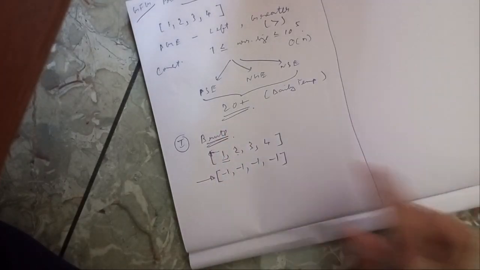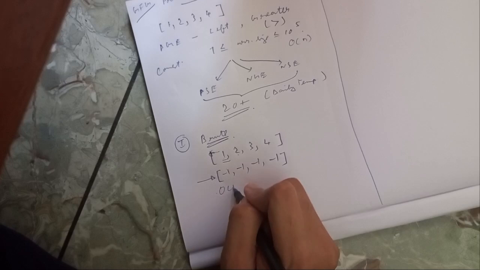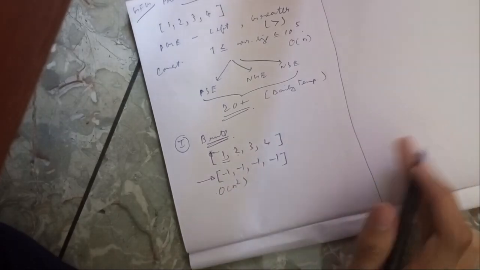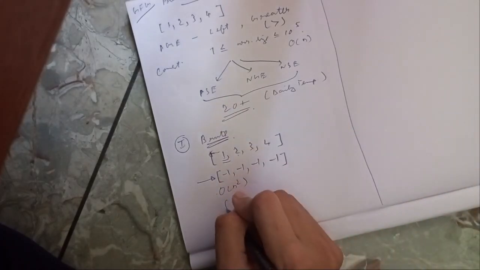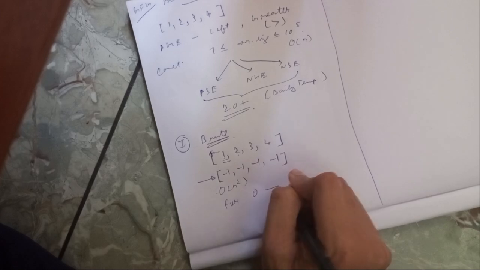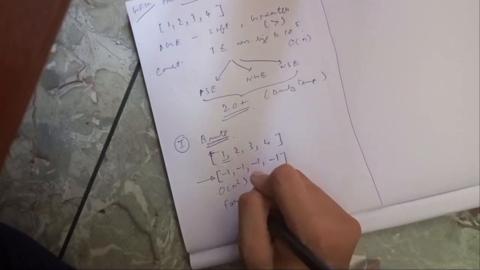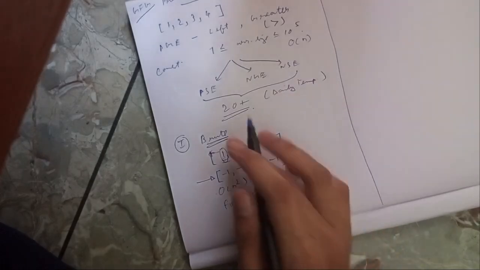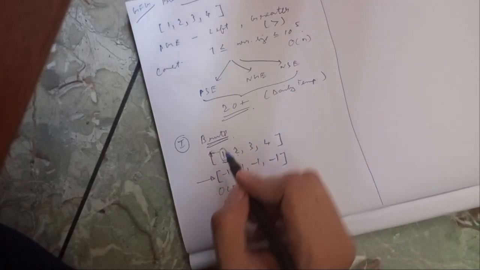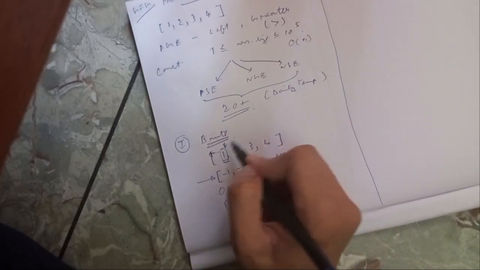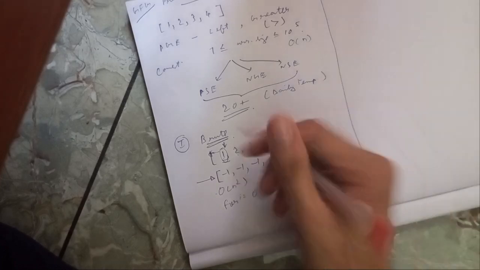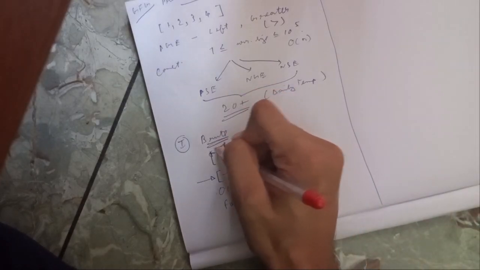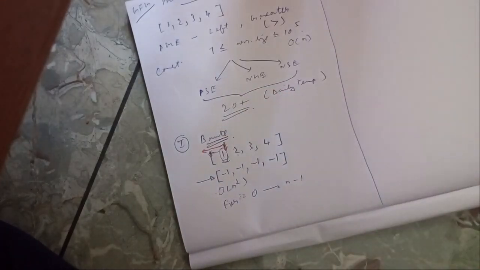So for brute force we can implement an O(n squared) solution, right? Like for i equal to 0 to n minus 1. Let's say i is 0, then we have to take a pointer here, and then we have to go left and check.